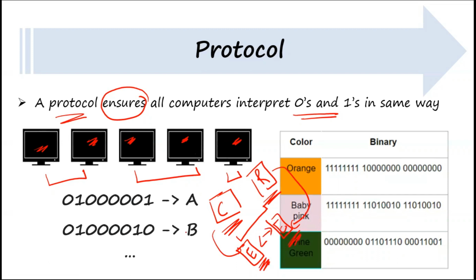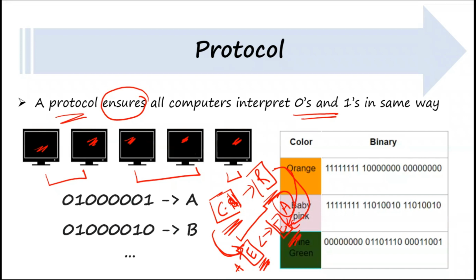If this person says A, this person would understand what A is. But earlier, if a person was saying A in Chinese, the Russian guy was not able to interpret. So what's happening over here is they're coming to one set of rules. They're coming to one platform where they decided, okay, we will follow the rules of English so that we can understand each other.